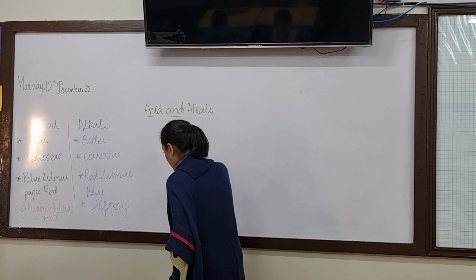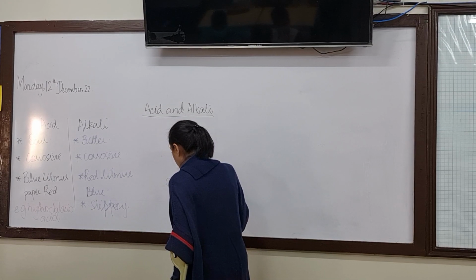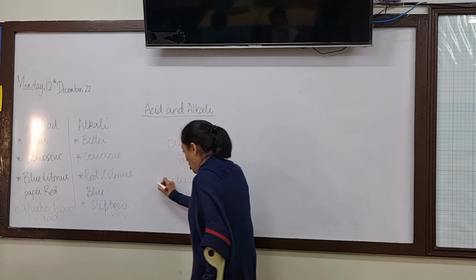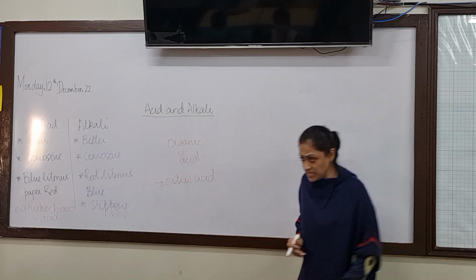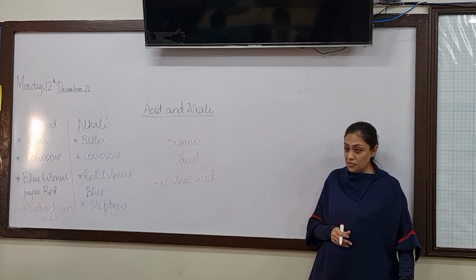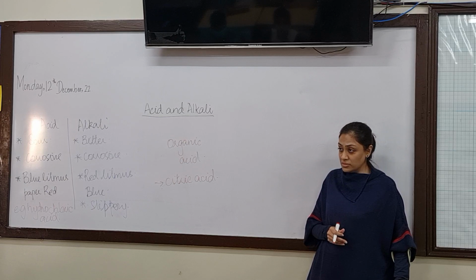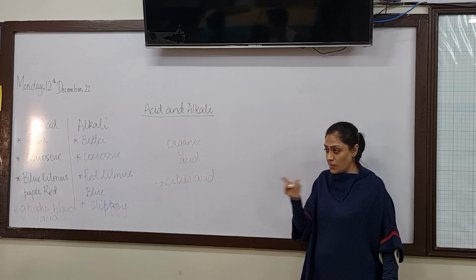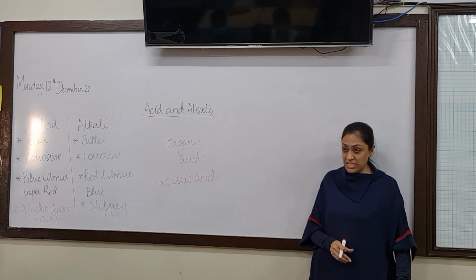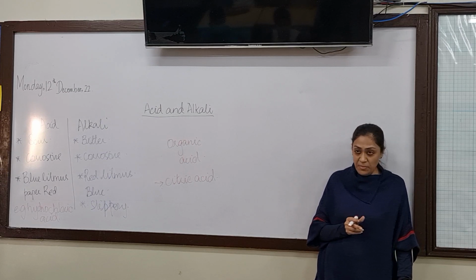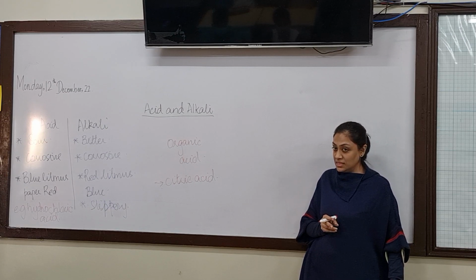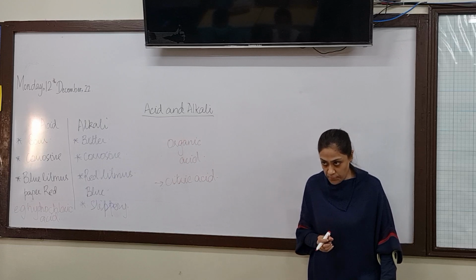So citric acid is an organic acid. There are a few other acids also. Formic acid, where is it found? Yes, in the ant and bee sting. Any other acid you are familiar with? Malic acid. Malic acid is found in apple.